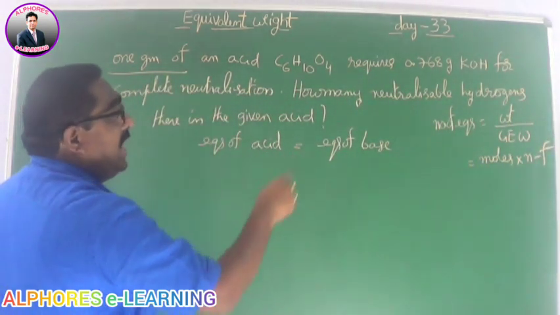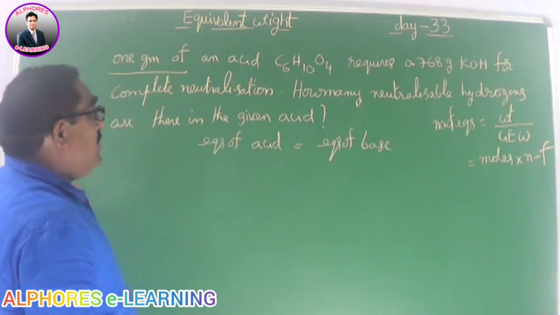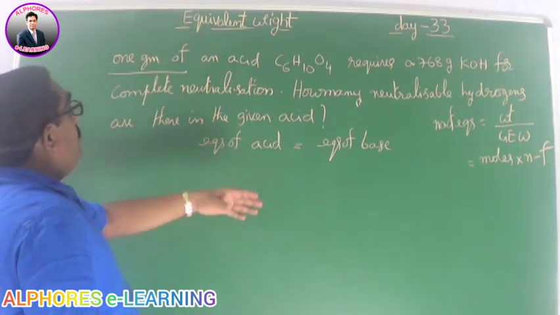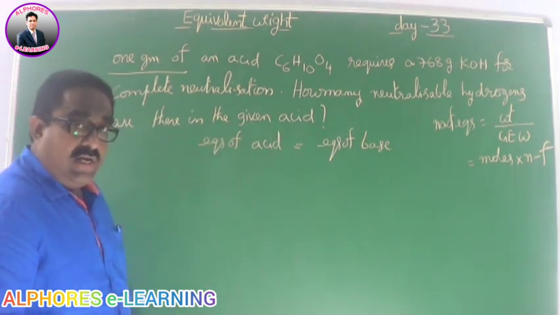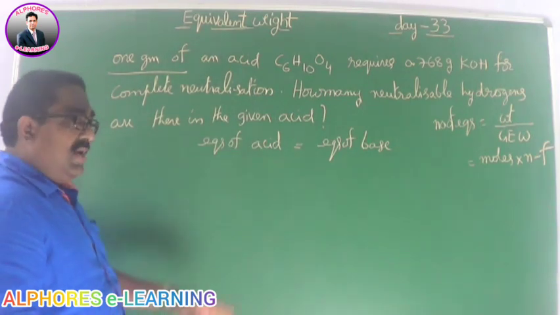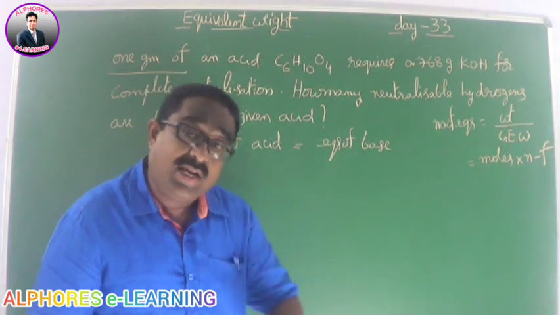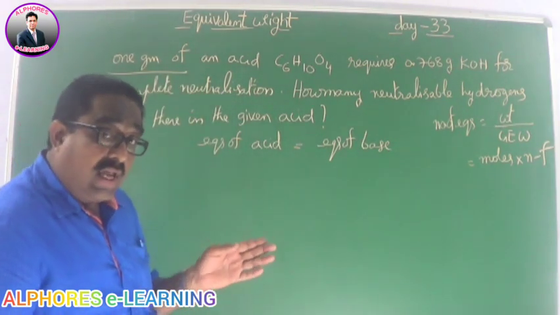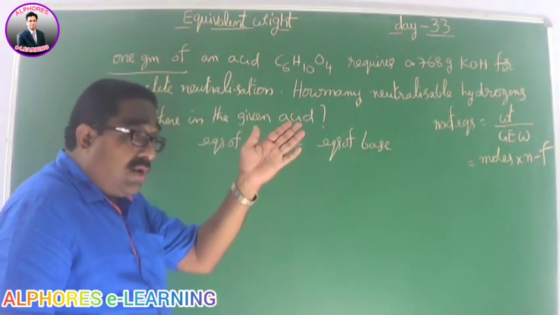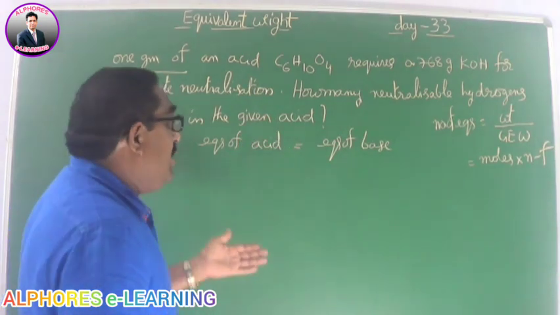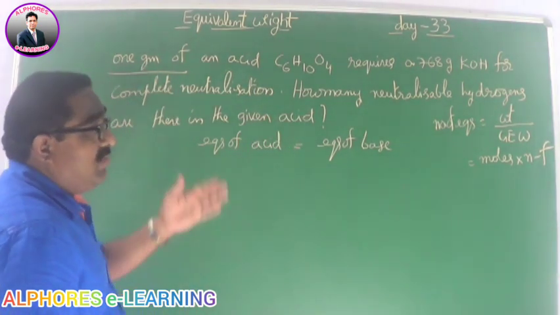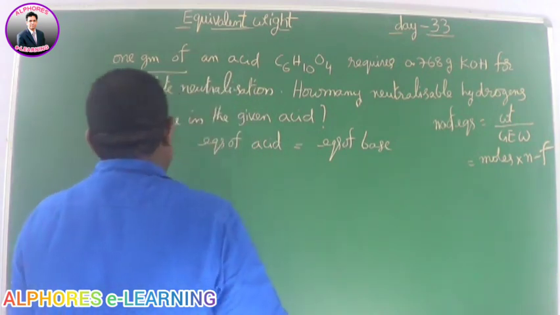These two we know as of now. Now I am going to use the first one. Number of equivalents can be calculated by dividing weight with gram equivalent weight, just like for the calculation of moles, weight by molecular weight. Similarly, for number of equivalents we can write weight by equivalent weight.